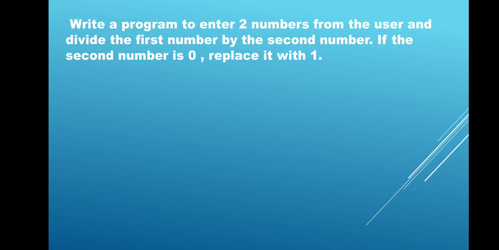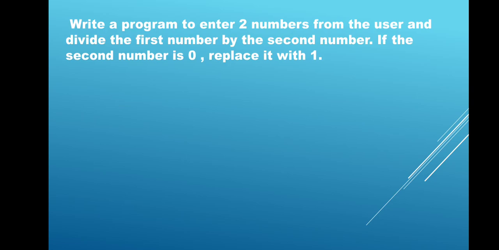The question is, write a program to enter two numbers from the user and divide the first number by the second number. If the second number is 0, replace it with 1. Now, the condition over here is to check whether the second number is 0 or not.